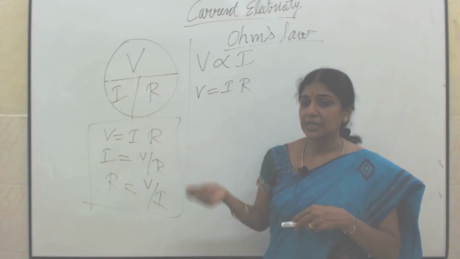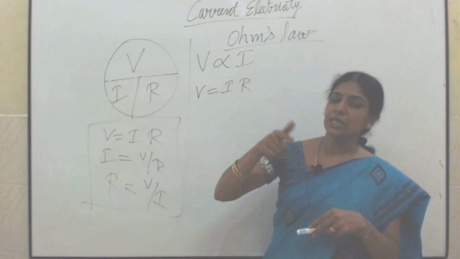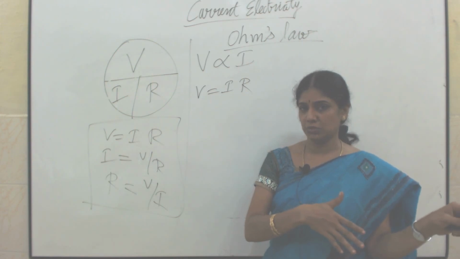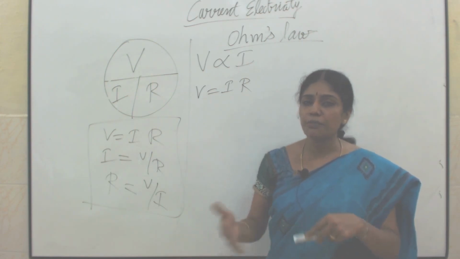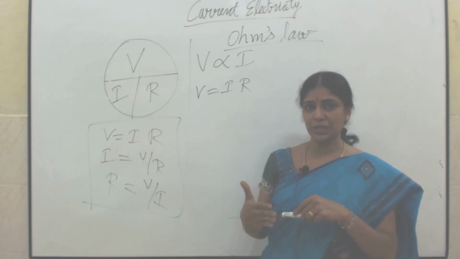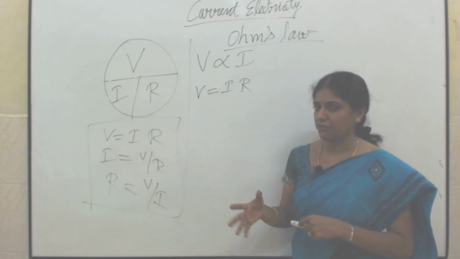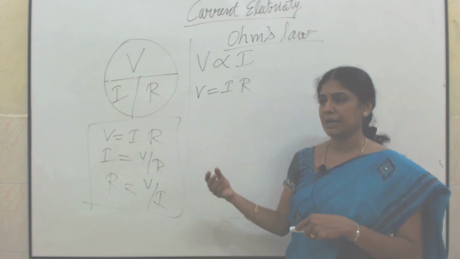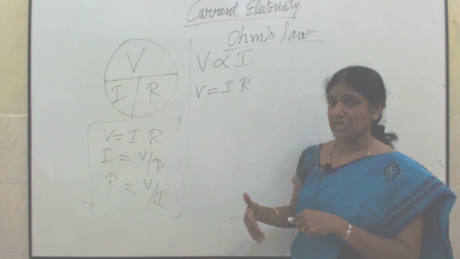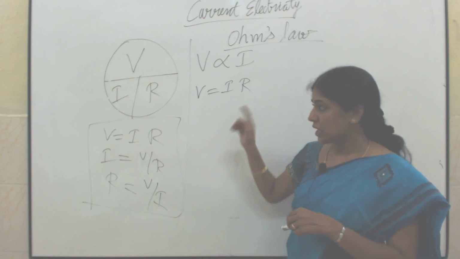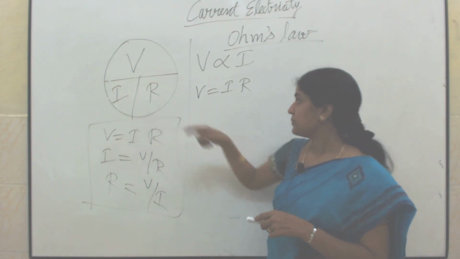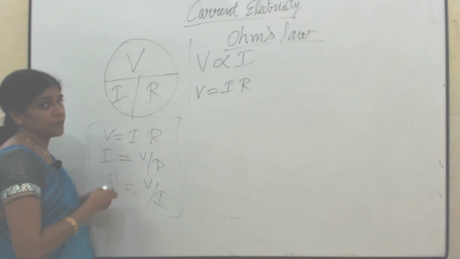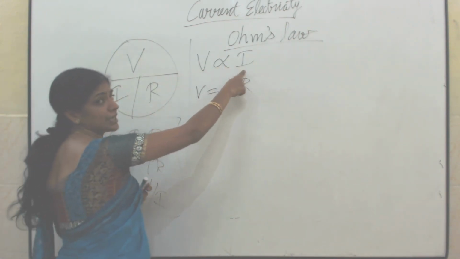It won't flow at the same speed as it flows initially. There are stones, pebbles, mud or sticks that will stop the flow of water. That we call the resistance. So Ohm's law gives you the relation between the voltage and the current.